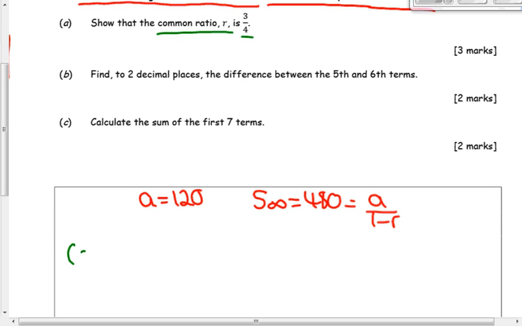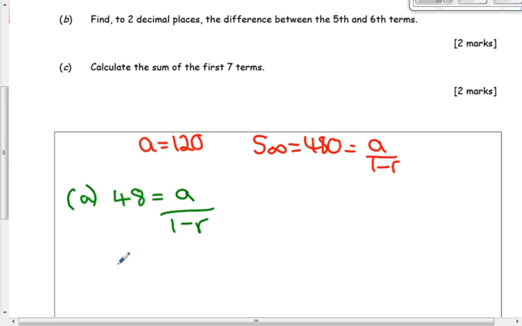So for part A, we're trying to find R, which is 3 over 4. We know that A is 120 and that 480 is equal to A divided by 1 minus R. Substituting in that A equals 120, that gives me 480 is equal to 120 divided by 1 minus R.